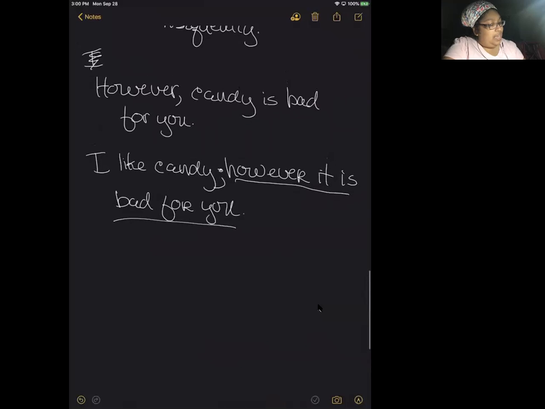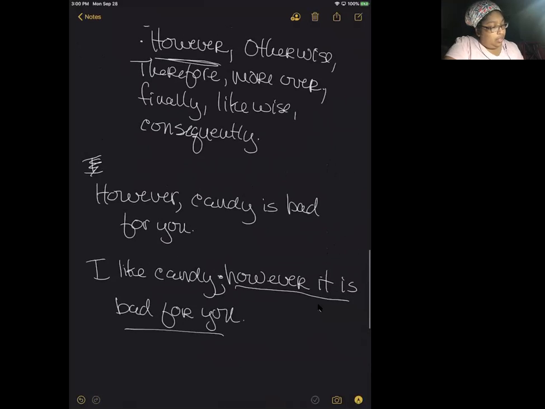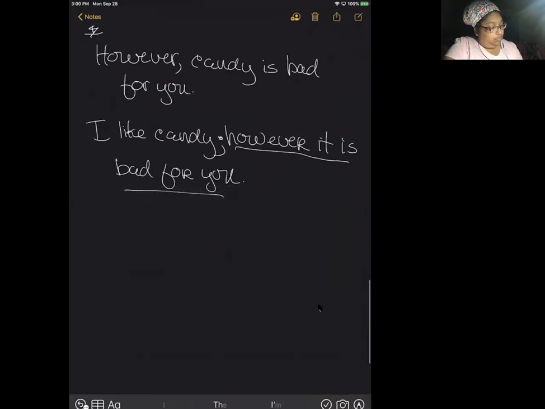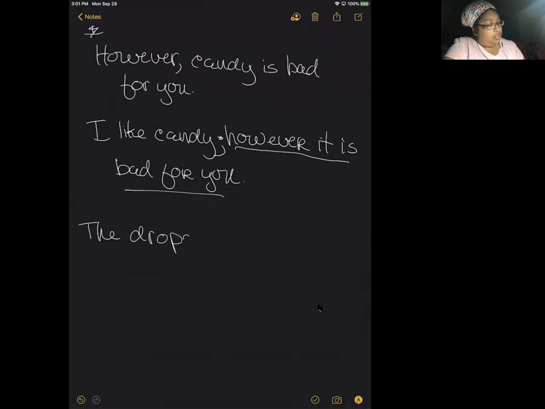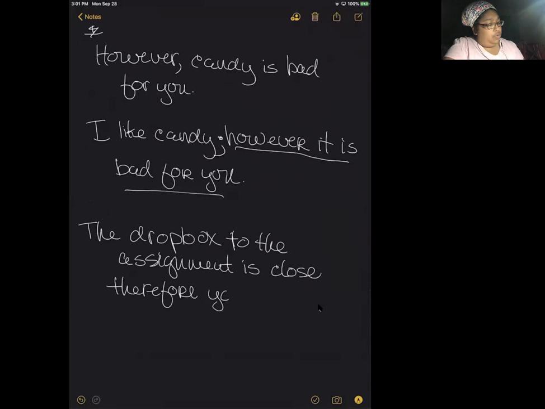If you can say something like, "The Dropbox to the assignment is closed; therefore, you cannot submit your work." It's happened to us. Happened to me several times at your age.